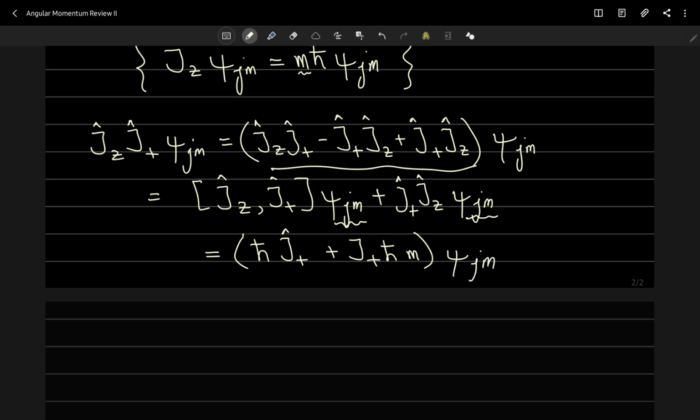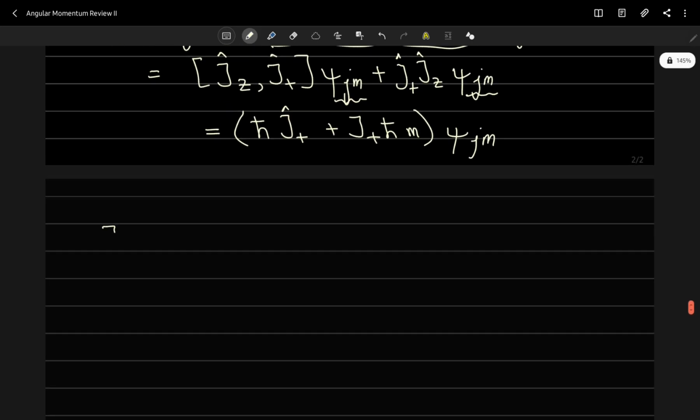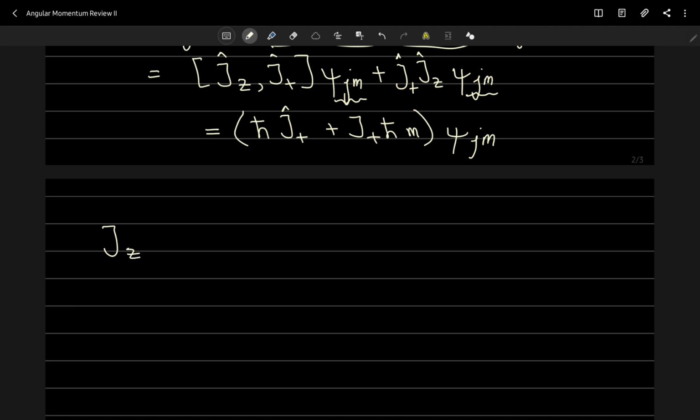Now jz is acting on j plus psi jm, and this is equal to, factoring out h bar and j plus acting on psi jm, h bar times m plus 1 on j plus psi jm.